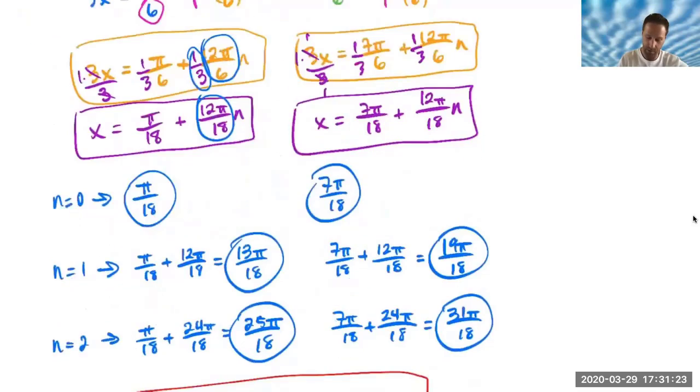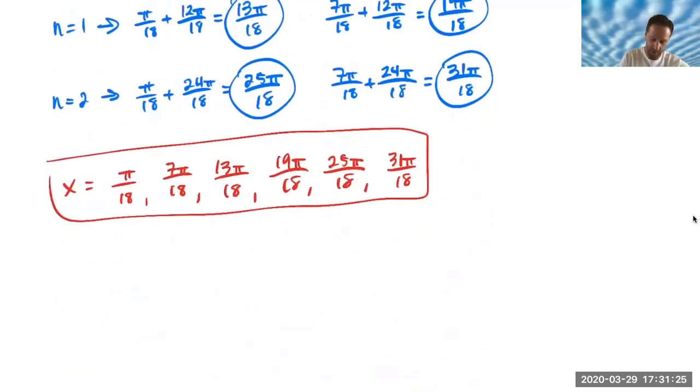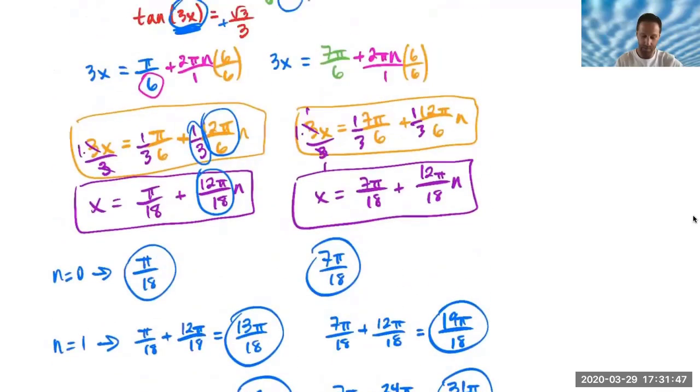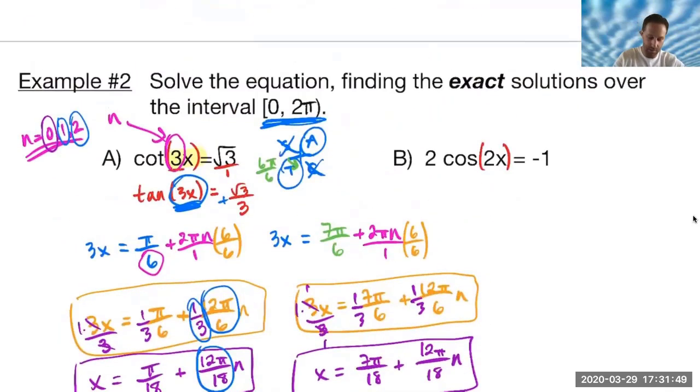And to make sure that all of these are, remember 2 pi with the denominator of 18, I'd have to multiply by that fancy one, and I'd get 36 pi over 18. That's what's equal to 2 pi. And you can see we're definitely less than that. So we actually got 6 answers for this particular one. And again, we should have known that because it was 3 times the x.